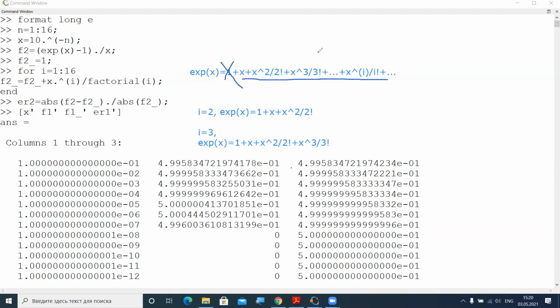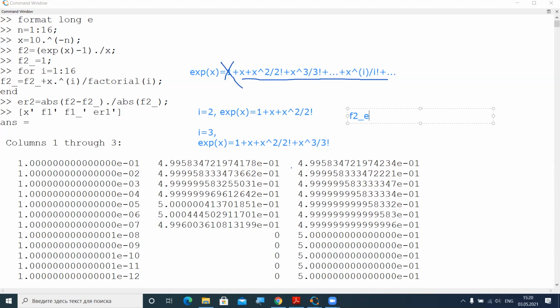So, new function now. Let me write here. New function, f2, for example. Let's denote it with e.